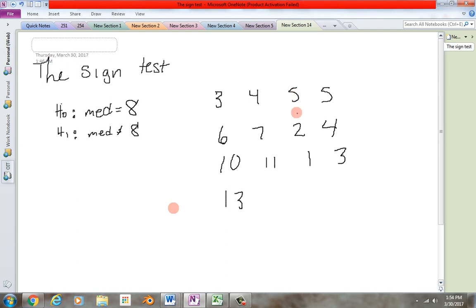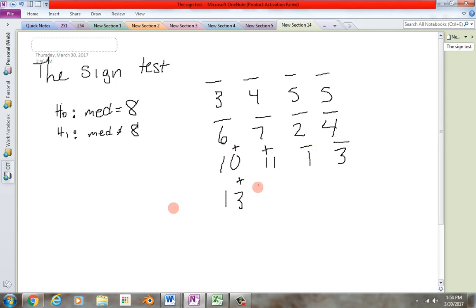But sample median, schmample median, that doesn't do much for us. So how the sign test works is, well, if the number is less than what we said it was, 8 in this case, we're going to put a negative. Hence the sign, because it's less than. It's below it. Oh, but if it's a greater than, we put a plus, because it's above it.